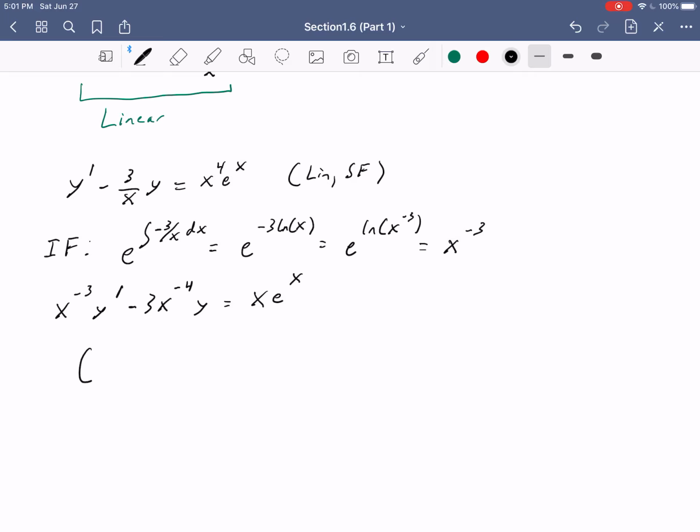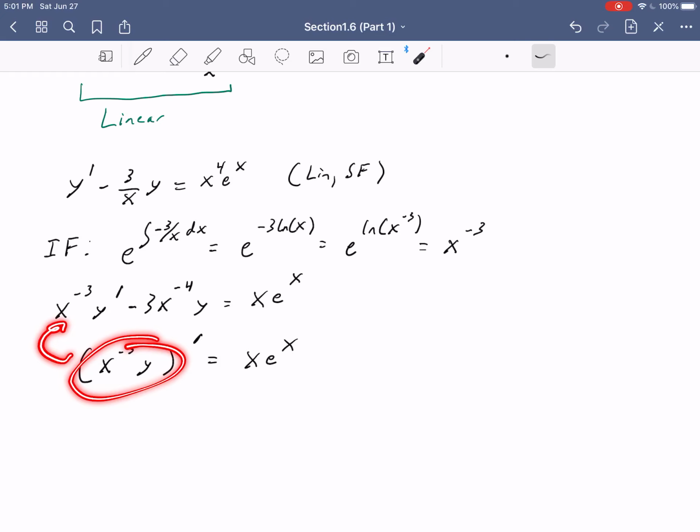So this left-hand side should be x to the minus 3, y prime. I always recommend just taking the moment to check it. Derivative of x to the minus 3 is minus 3x to the minus 4, and then you leave the y alone. That's that term. And then if you leave this alone and differentiate the y, you get that right there. So this really is equivalent to this there.